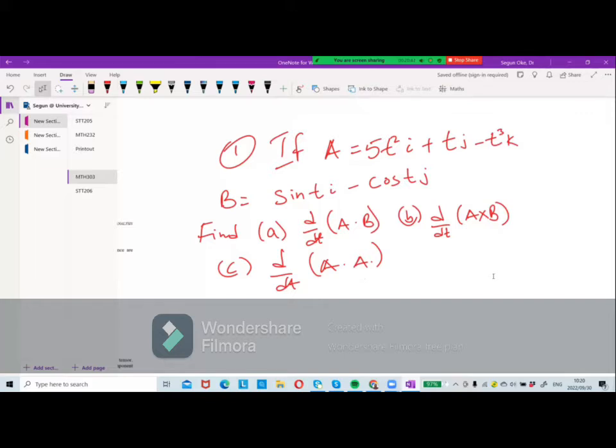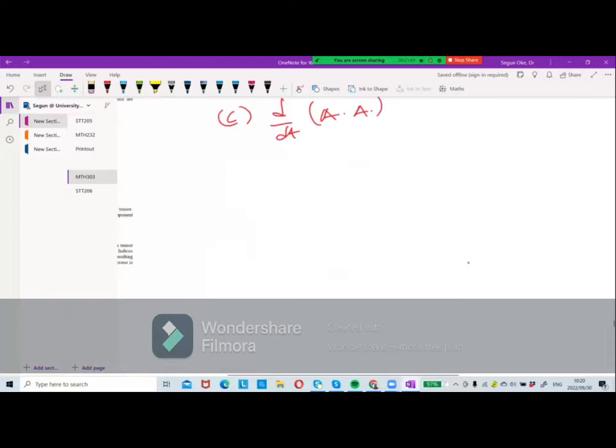The other way is, first of all, where you have A dot A, to do A dot A separately and then differentiate, or you differentiate them one after the other. Let's solve it. Let me give us an example solution.